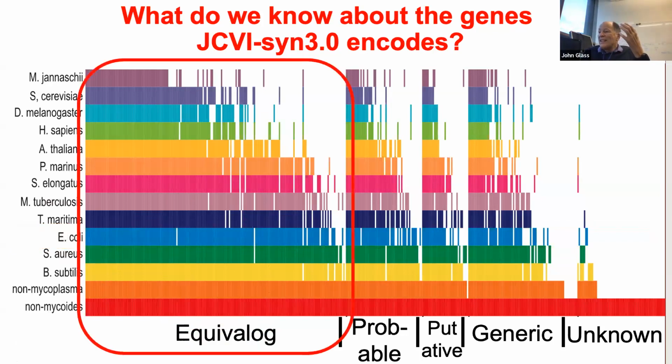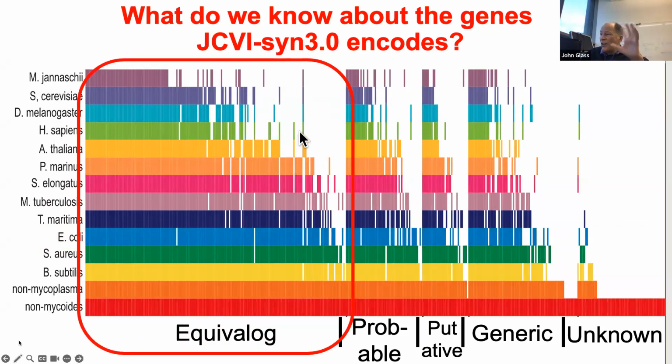And so we did this for all of these organisms, from archaea to yeast, fruit flies, humans, plants, a whole variety of bacteria. And what we saw is that the genes whose function we were highly confident of are highly conserved. And this BLAST was very stringent.